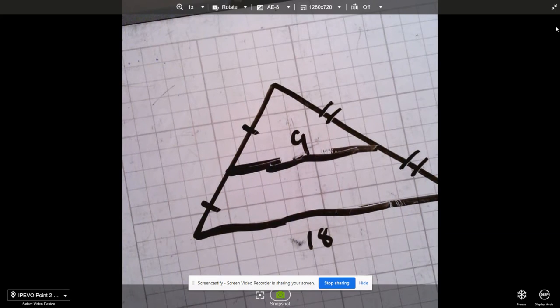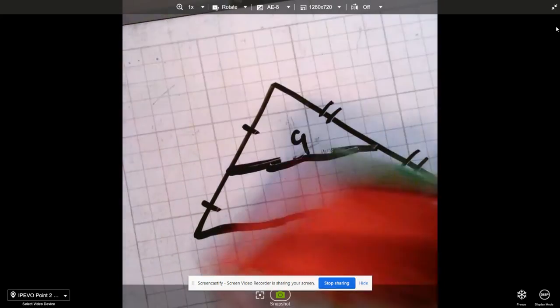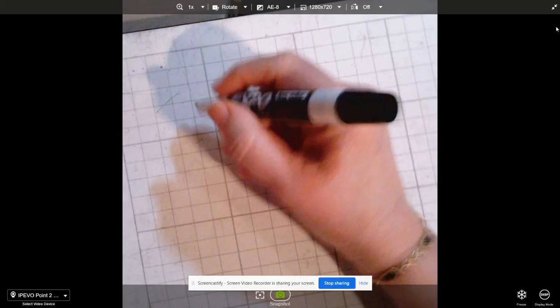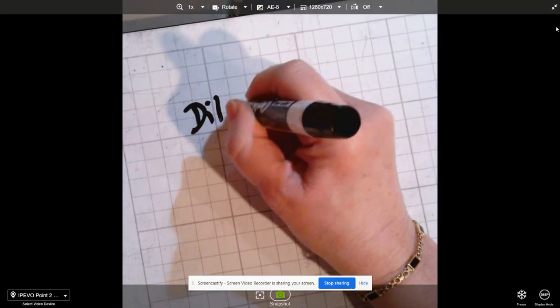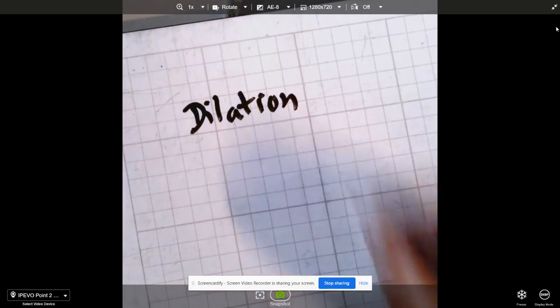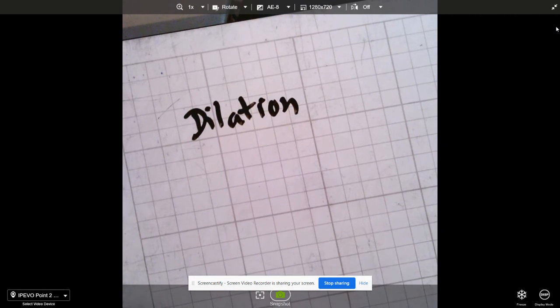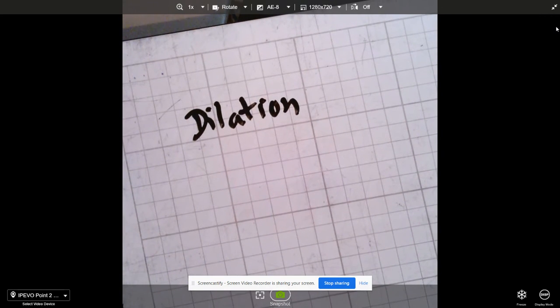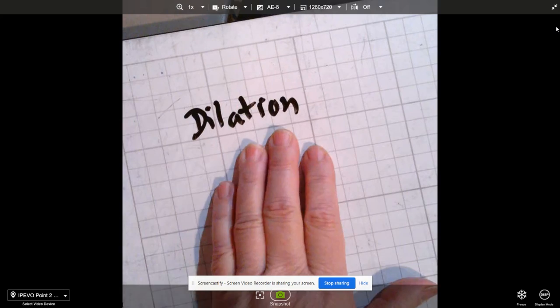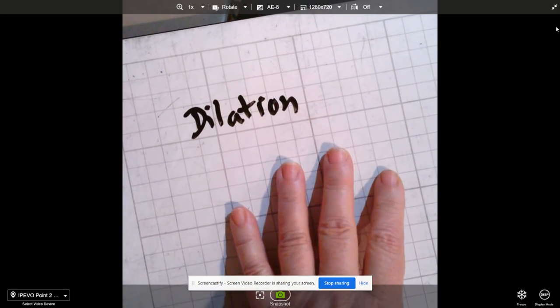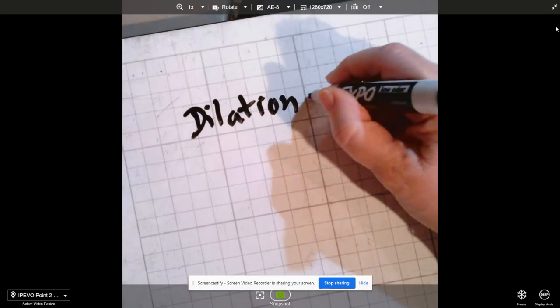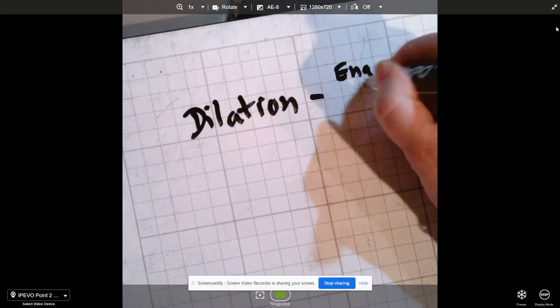And then the last thing that they talk about in this chapter is called a dilation. And a dilation is nothing more than making a figure bigger or smaller. So therefore, they would be similar. So all similarities, if you have two similar figures, they could be a dilation. Now, a dilation could be an enlargement.